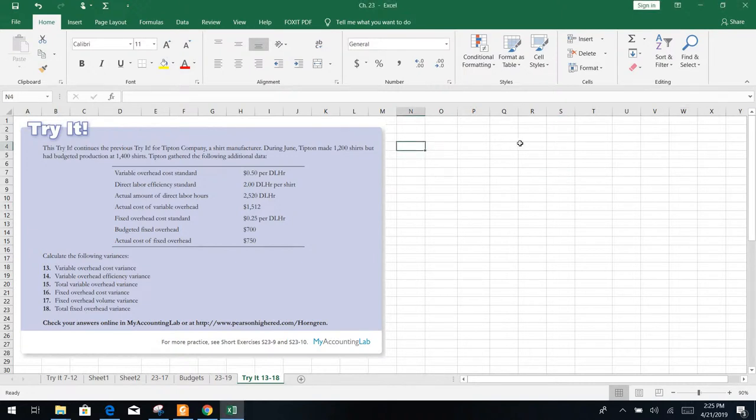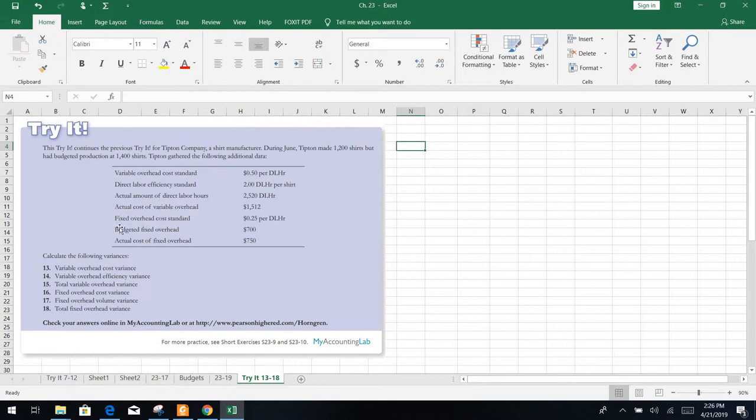One way to get rid of the distractors is to first label what you're looking for. The question says variable overhead cost variance, variable overhead efficiency variance, total variable overhead variance. These first three questions, which are the ones I'm going to solve, are all talking about variable overhead. The last three talk about fixed overhead. So right away, I see variable here, then actual direct labor, then variable overhead here.